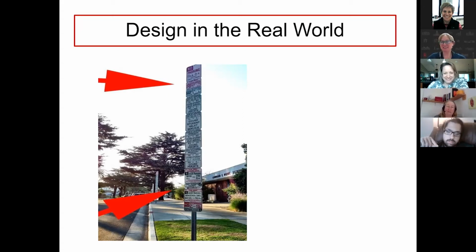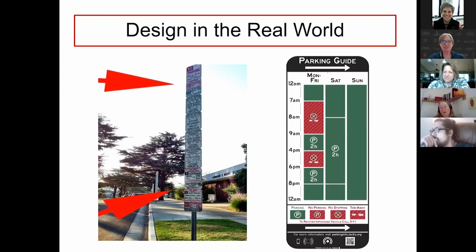It looks really daunting. There's an artist in Los Angeles named Nikki Sylvianberg, and she created what she calls a guerrilla redesign project for parking signs. And she came up with something that looks a little bit like this. And she realizes that the green and the red could cause some accessibility issues.